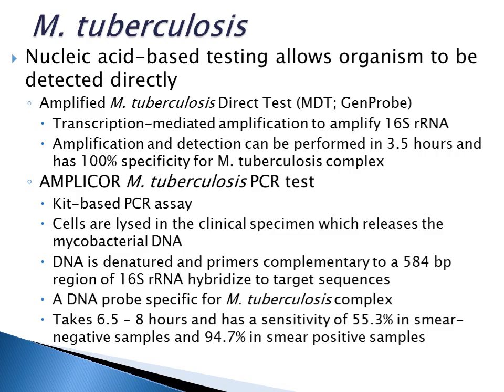A DNA probe specific for Mycobacterium tuberculosis complex is used, and this takes 6.5 to 8 hours and has a sensitivity of 55.3% in smear negative samples, but a sensitivity of 94.7% in smear positive samples.